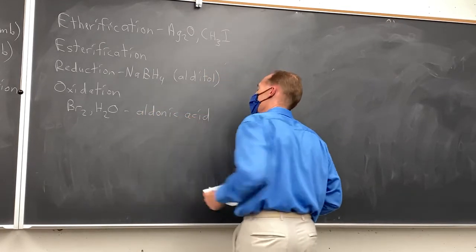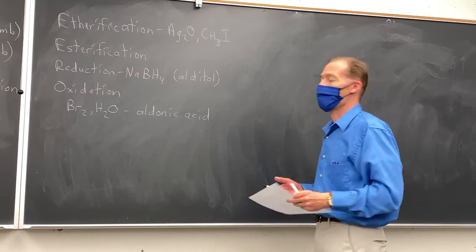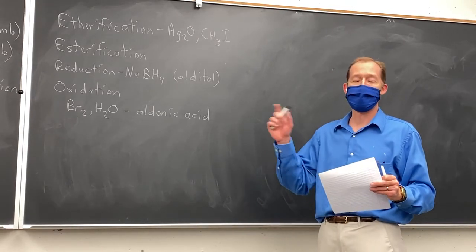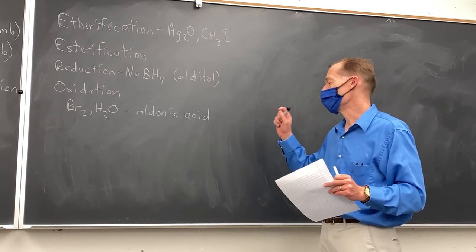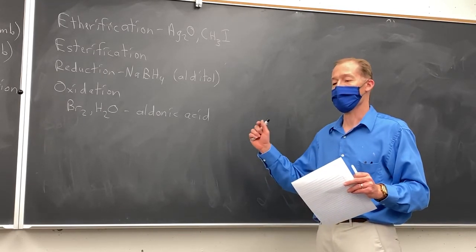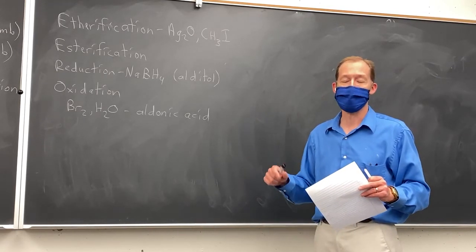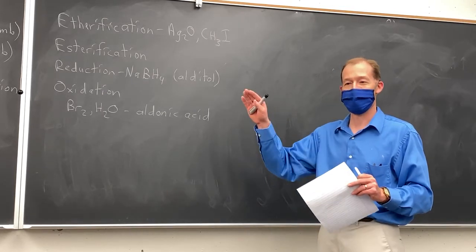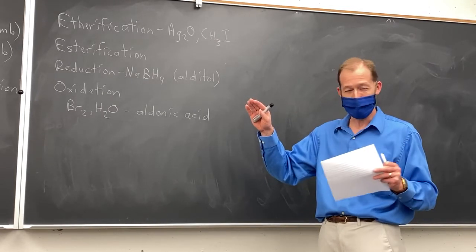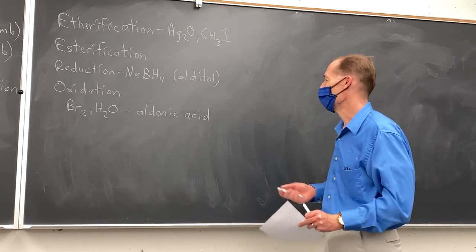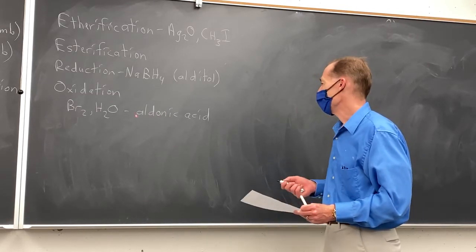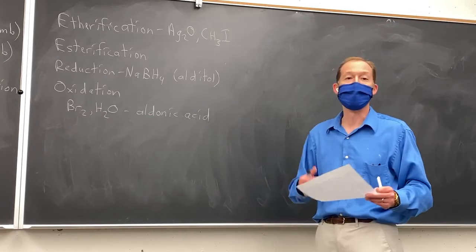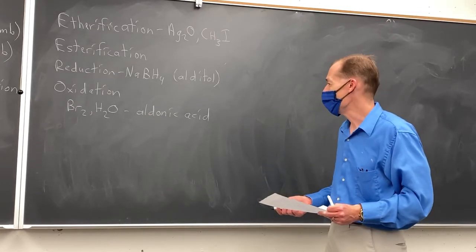Aldonic acid, so that's the compound where you oxidize the aldehyde to a carboxylic acid, but the primary alcohol remains unoxidized. So you have a carboxylic acid at one end of the chain and a primary alcohol at the other end of the chain. And that is also done with Tollens reagent, Benedict's reagent.